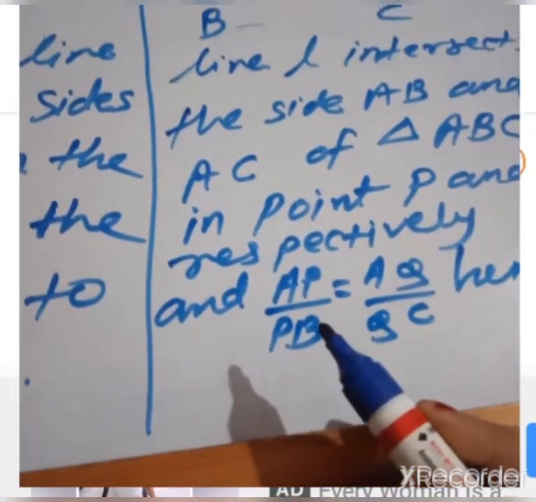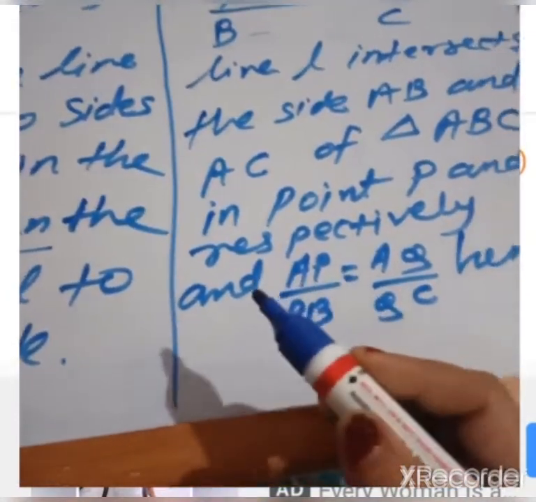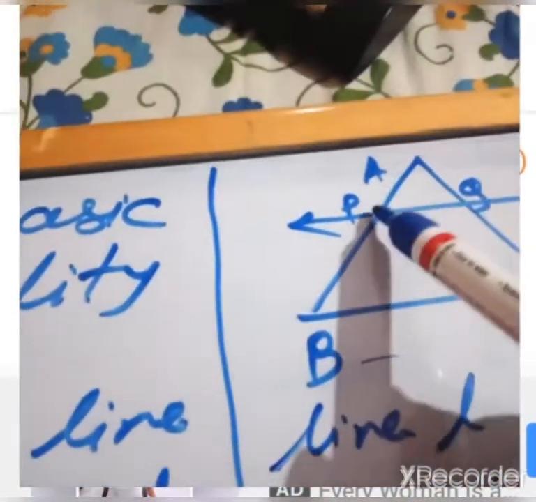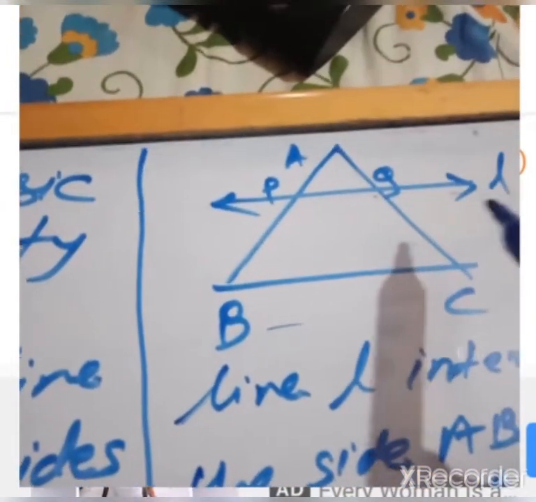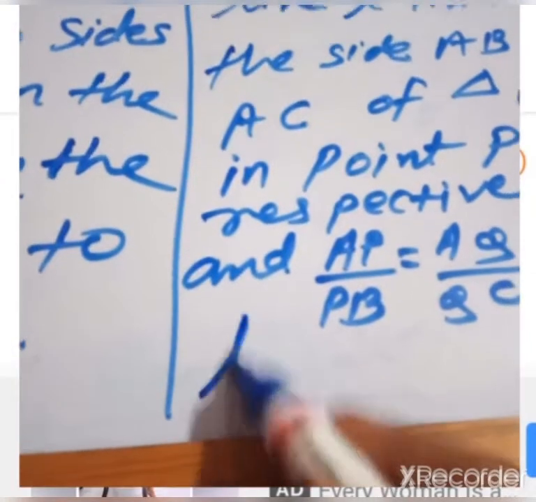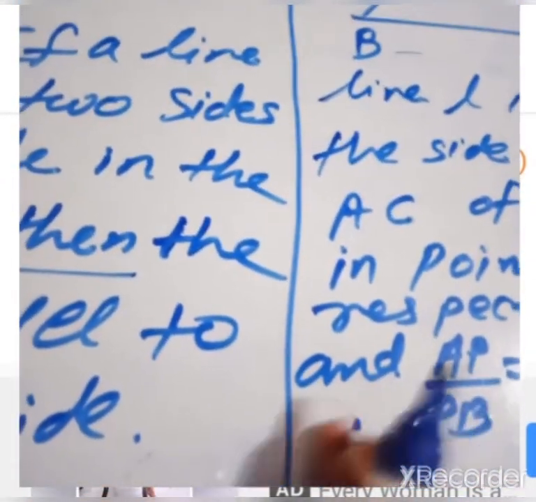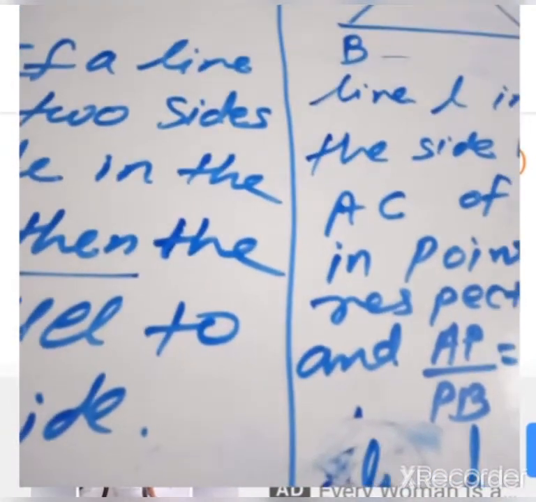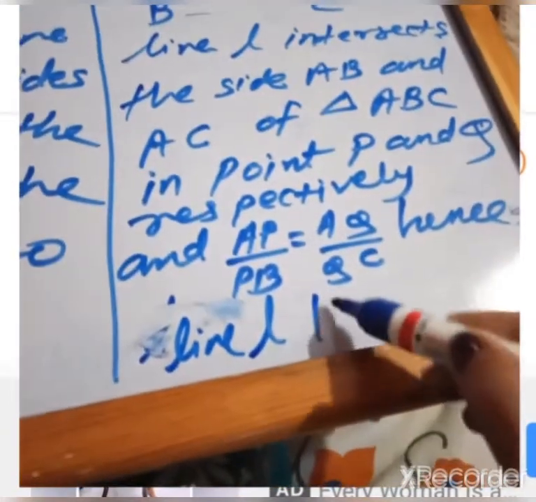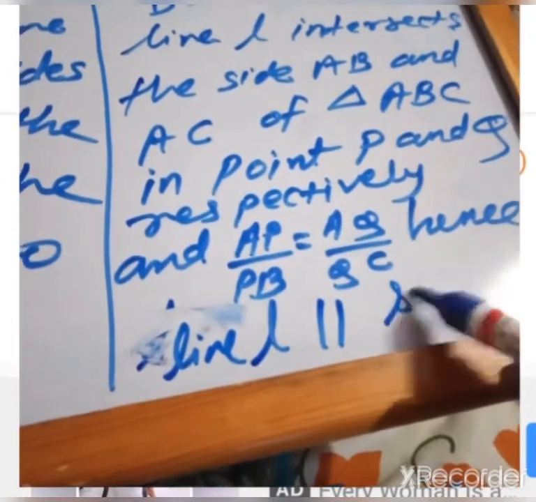Hence, these two proportions, AP upon PB and AQ upon QC, are equal. Then we have to say the line L is parallel to side BC.